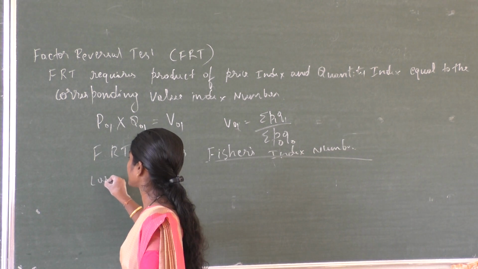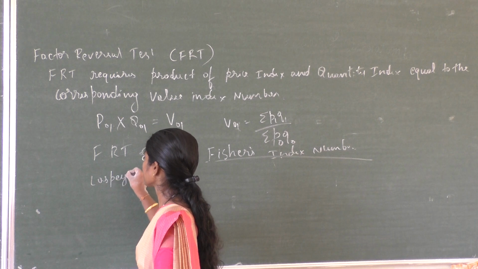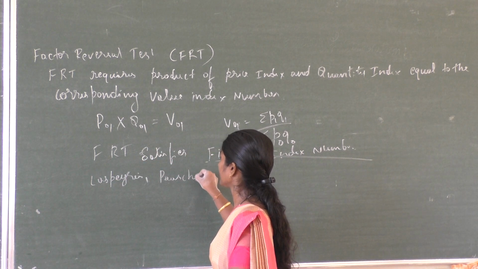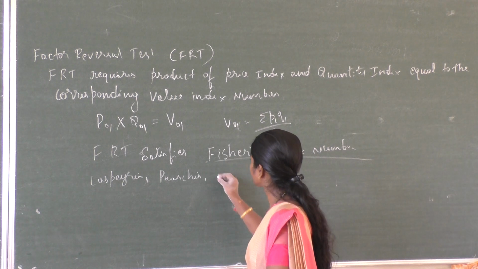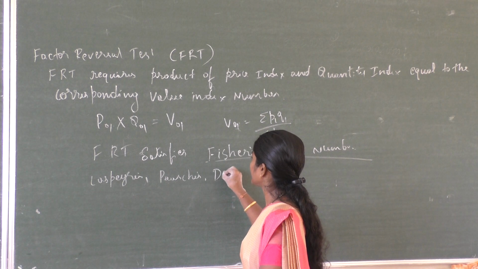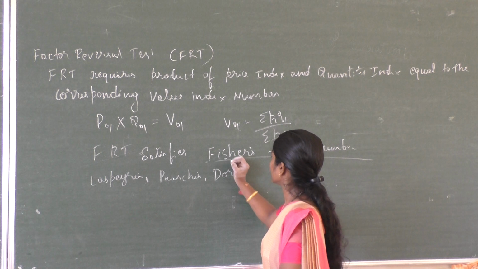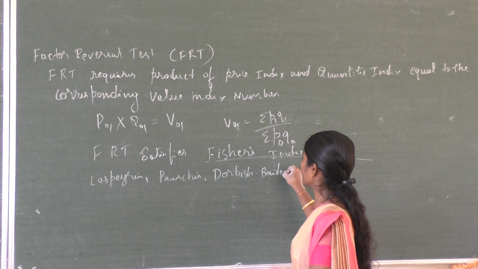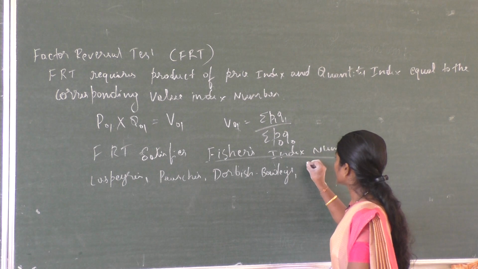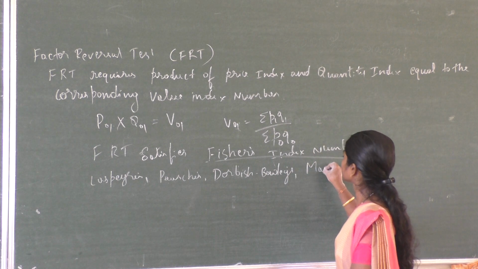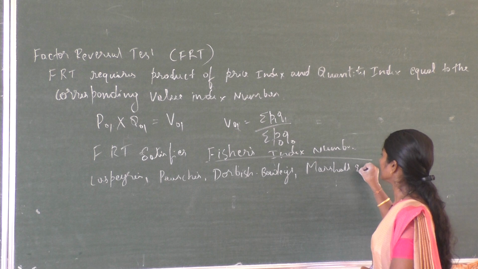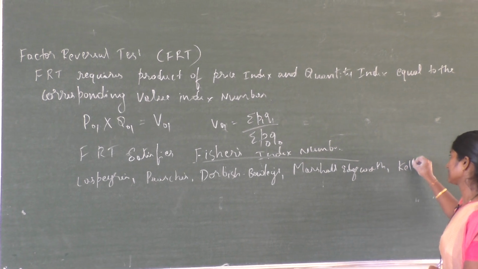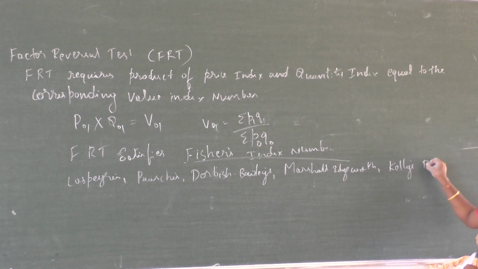Here the last pair is Paasche's. Next, Drobisch-Bowley, Marshall-Edgeworth, and another one, Kelly's price index number.